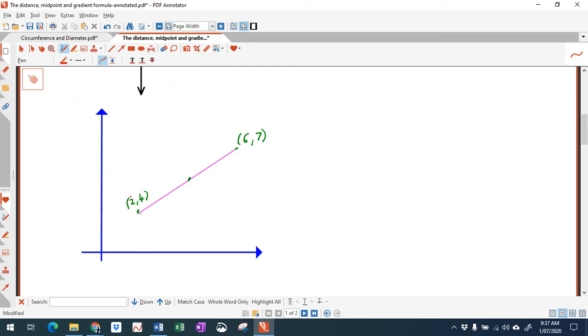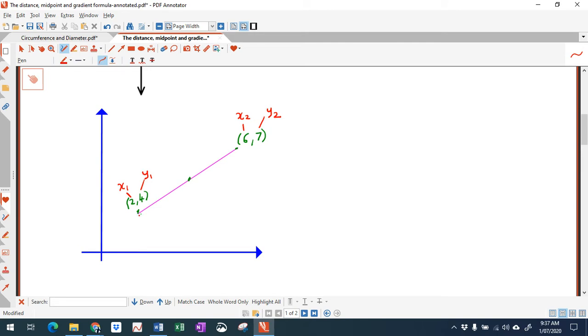So this number here is x1. This number here is y1. This number here is x2. And this number here is y2.